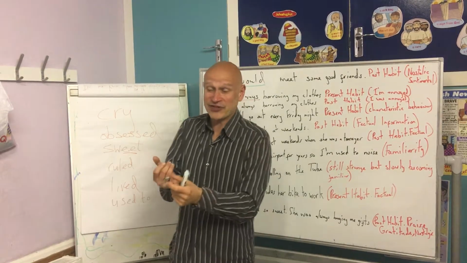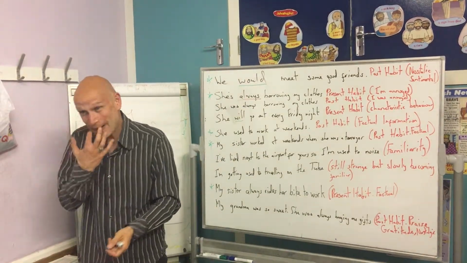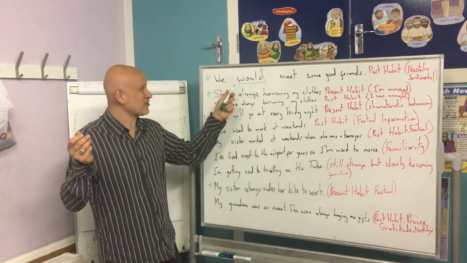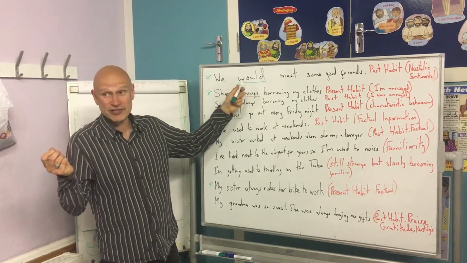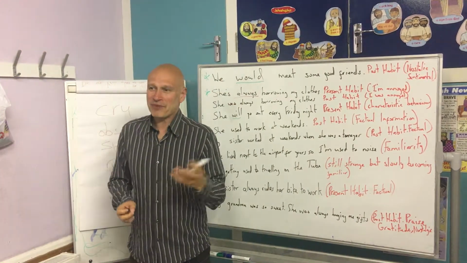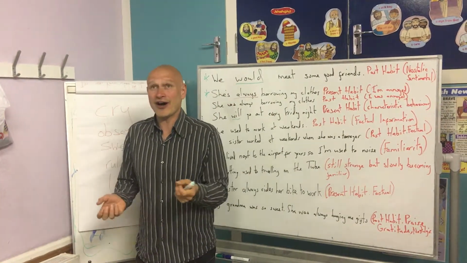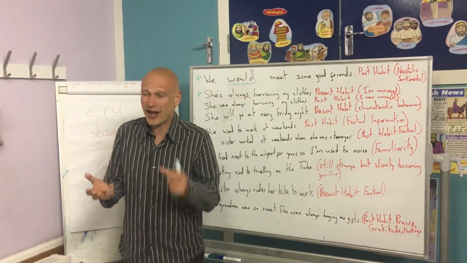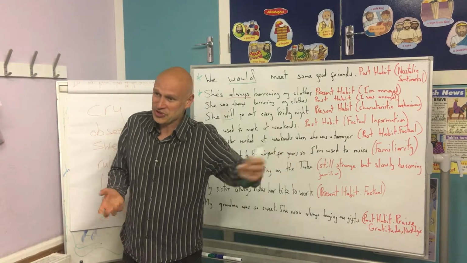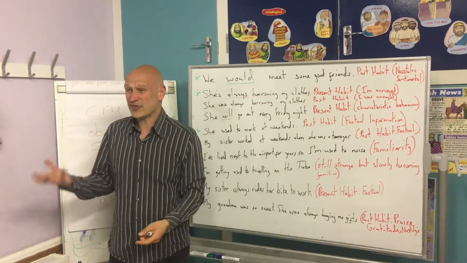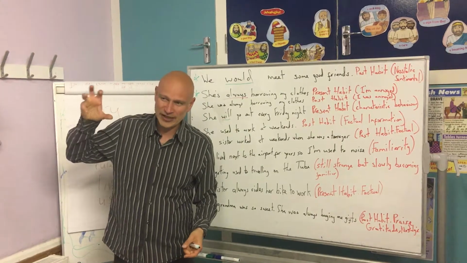Now, nostalgia can make you feel happy, can make you feel sad, but it's just a different way of using this modal auxiliary verb, so bear that in mind. Nostalgia: I remember my dog, I'd walk him every weekend, I'd walk him every night after work, something like that. I would, and what you would do in the past. Usually the person or the people have died and you're remembering them fondly.